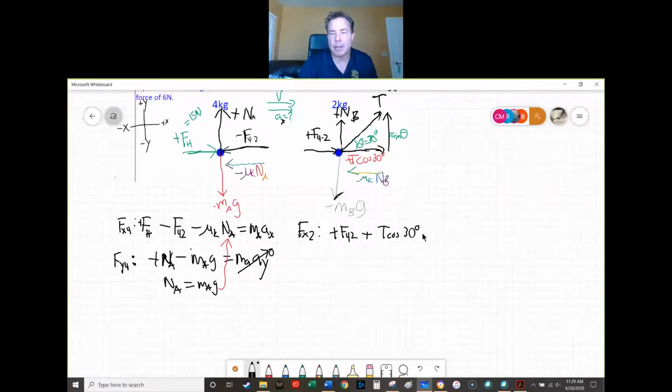And that is going to be equal to, oh, I forgot friction, minus mu sub k times the normal force on block B. And that's equal to the mass times acceleration of block B in the x direction.